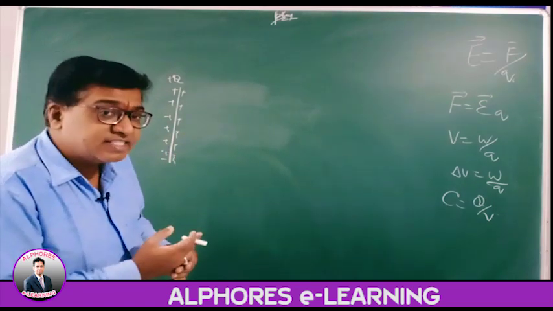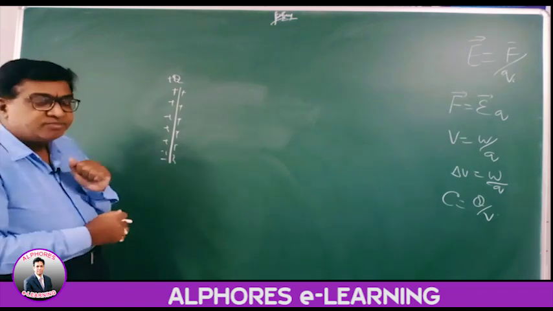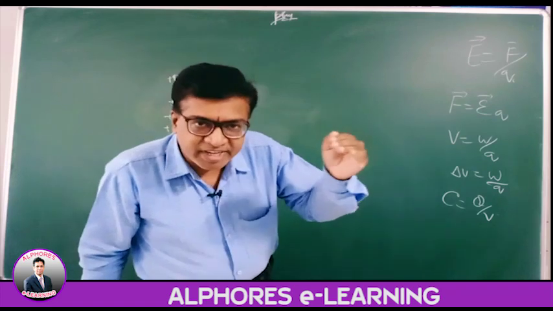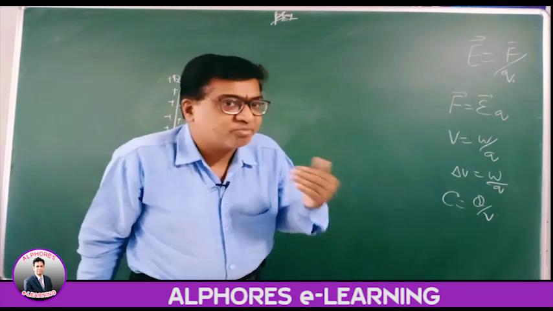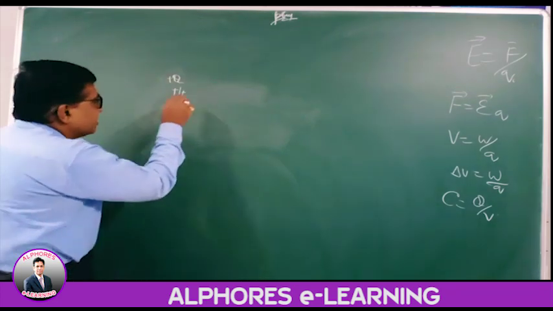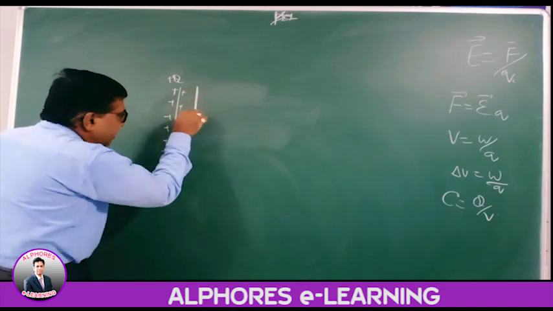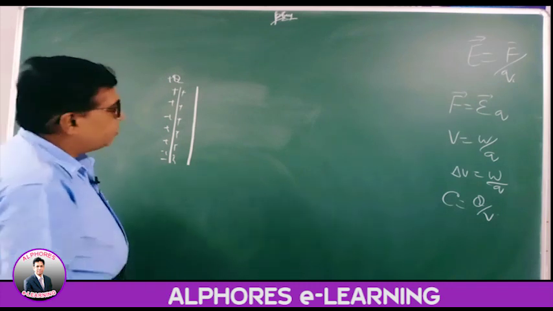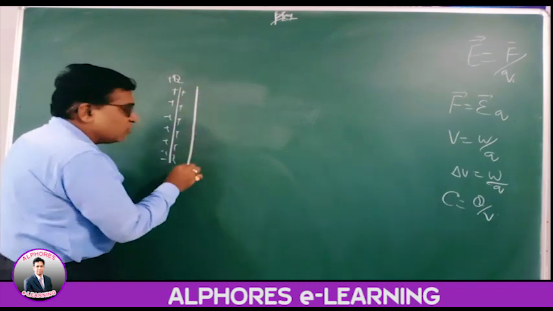Then how do we increase its capacity without changing its size? The principle is that you have to decrease the potential. How do you decrease the potential? Place a neutral identical metal plate very close to it.